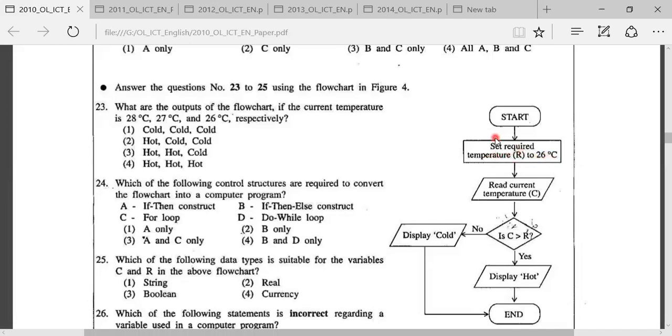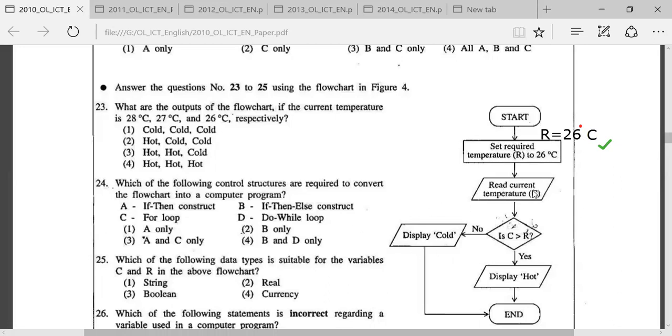So required temperature's value is 26 degrees Celsius, which means 26 degrees Celsius is assigned for the R. Right. This is the meaning of this statement. Set required temperature R to 26 degrees Celsius. So that is done.